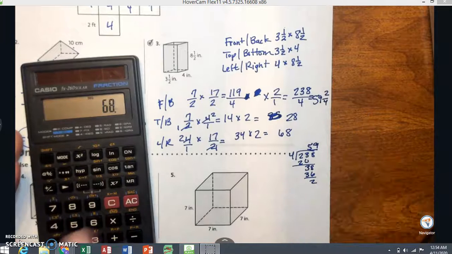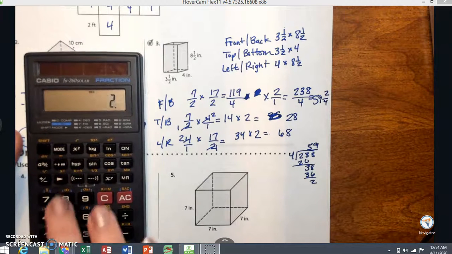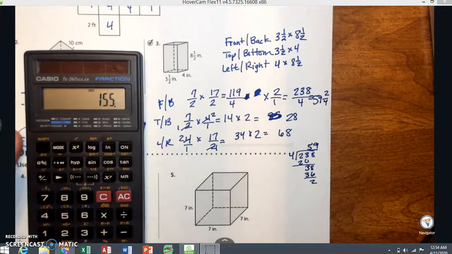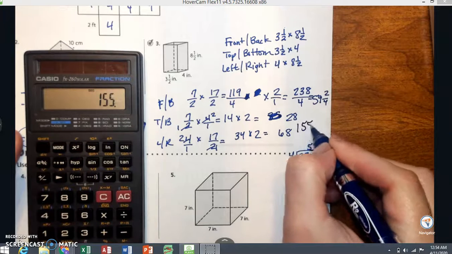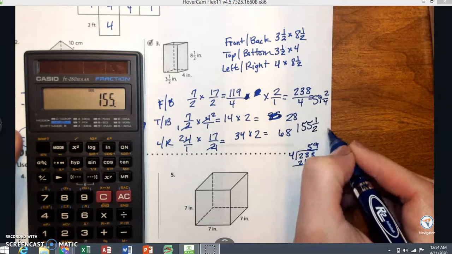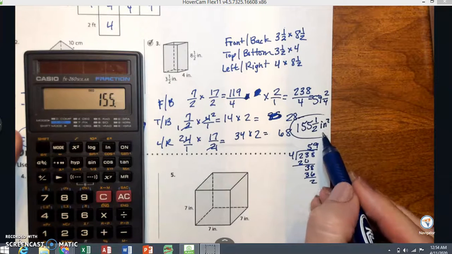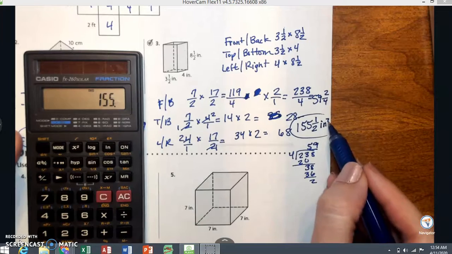Alright, so now let's go ahead and add up our whole numbers. So we've got 59 plus 28 plus 68, which is 155. And then I've got that 2/4, which will be a half when we simplify it. So we end up with 155.5 inches squared.